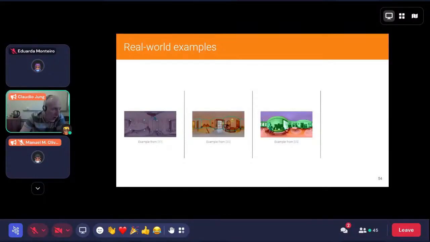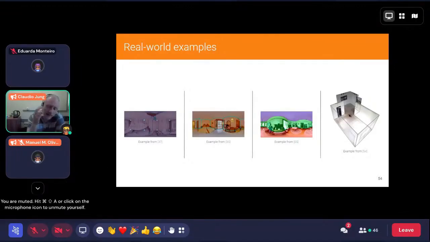And finally, all these methods usually are able to generate the 3D representation as in the rightmost images, but they have different assumptions on the layout, and of course they vary based on the kind of backbone that is used, the parameters that must be regressed, and so on. So that's the final goal of any layout estimation approach.